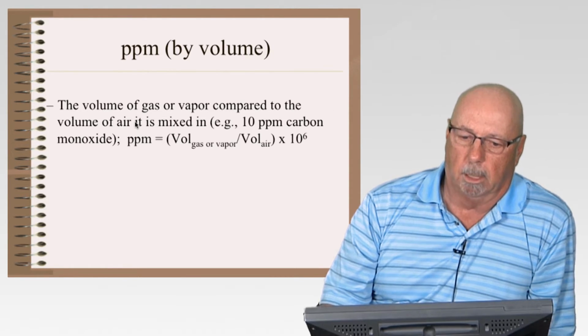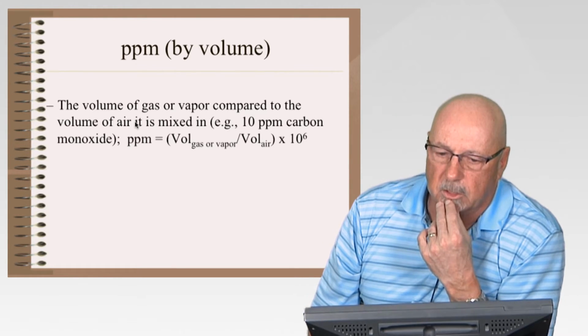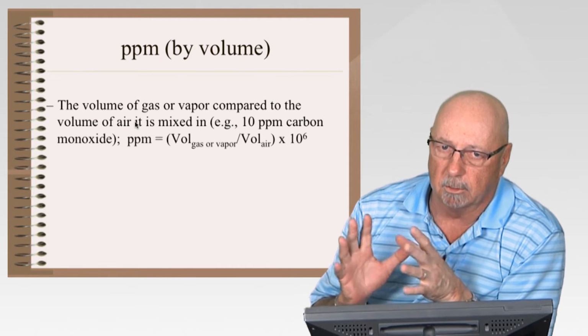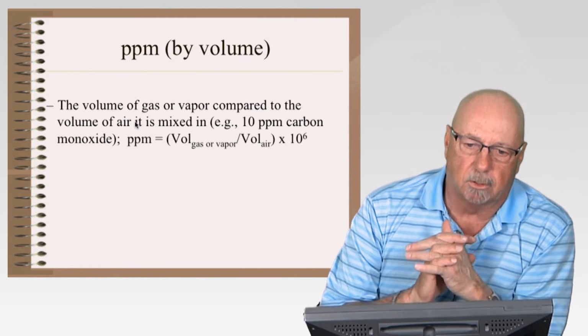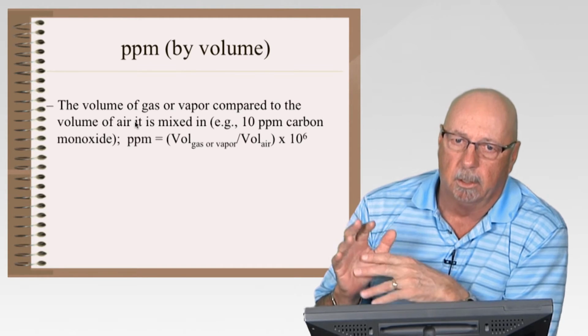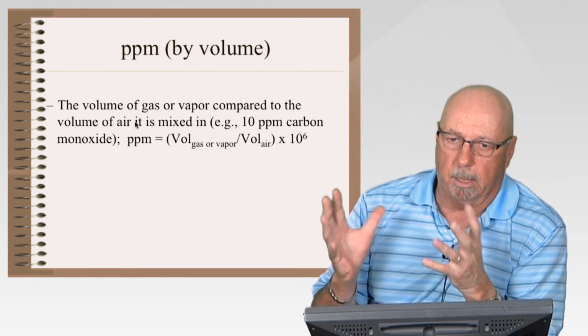So 1 part per million is also approximately equal to 1 milligram of that chemical per milliliter of solution. Milligrams per milliliter. Now, we use the expression of parts per million by volume when we're talking about air concentrations. And the air concentration part per million is the volume of gas or vapor compared to the volume of air in that mixture.